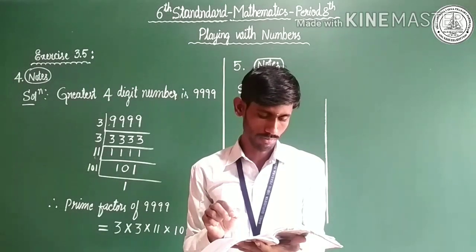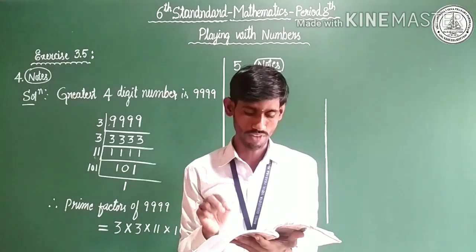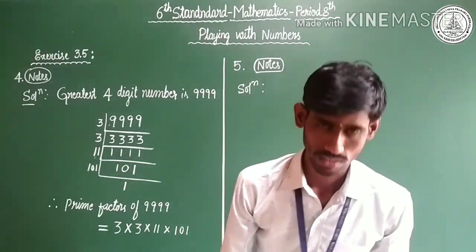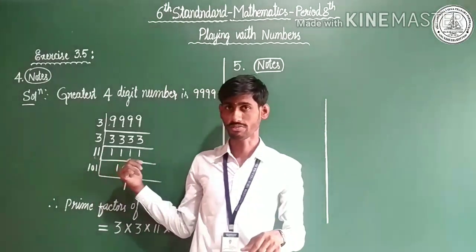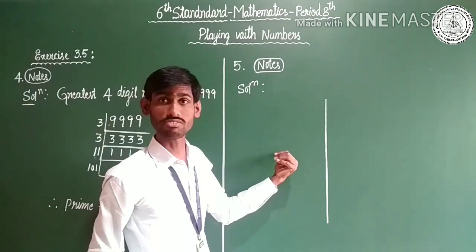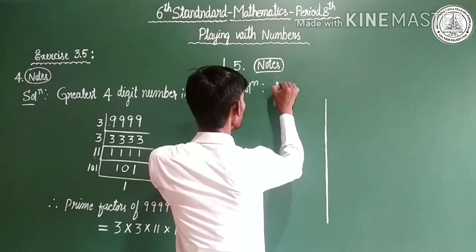Same page number 62. Write the smallest 5-digit number and express it in the form of its prime factors. Okay. Greatest 4-digit number, now smallest 5-digit number. Write a solution.